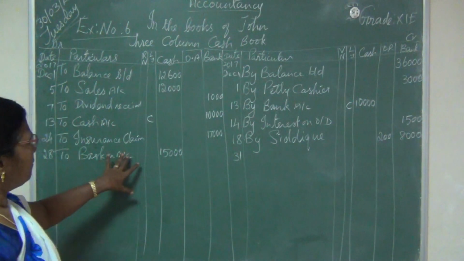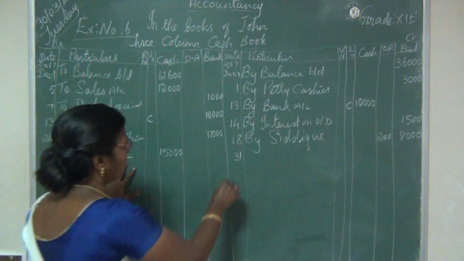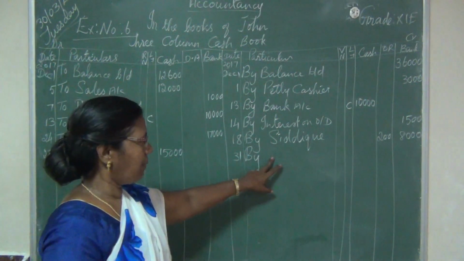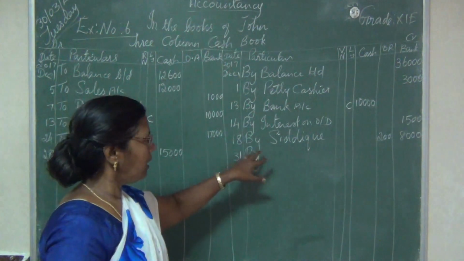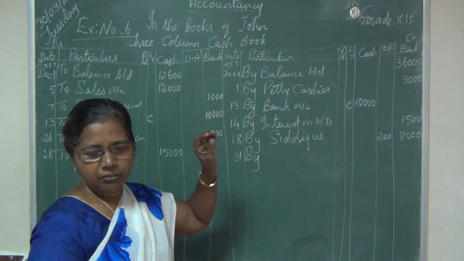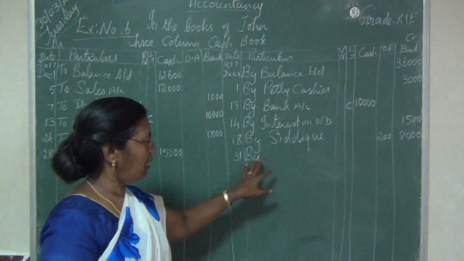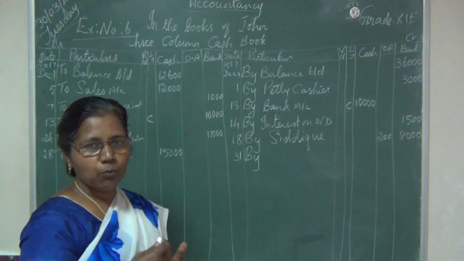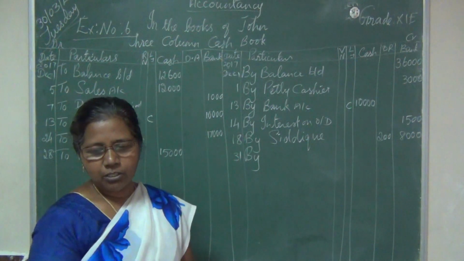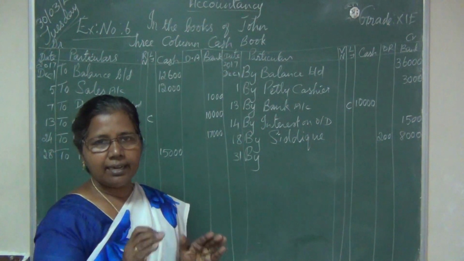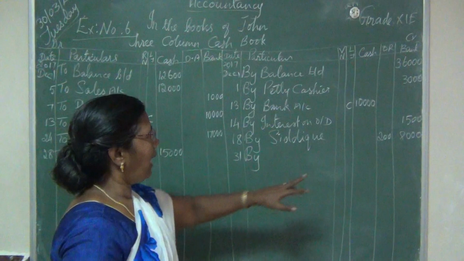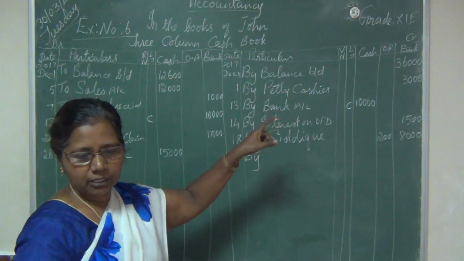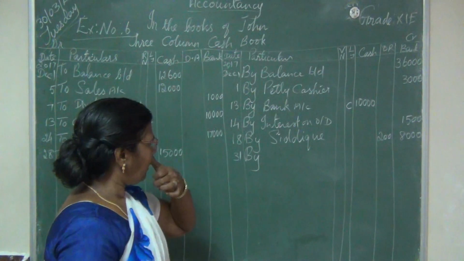By balance carry down. In other problems we will calculate the closing balance by balancing, but here we have to first balance the cash column and find out the difference. Of that amount, you take 18,600 and keep it as the balance, and the remaining amount we have to deposit into the bank. So one more entry we need to enter there.